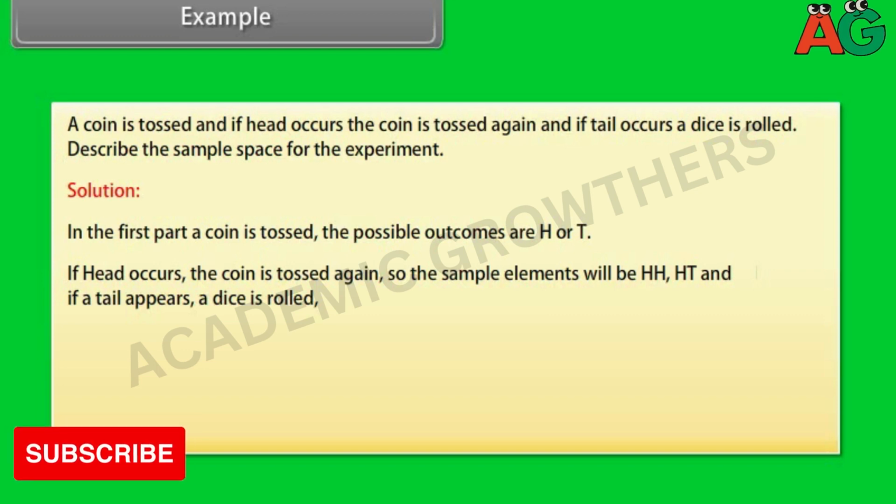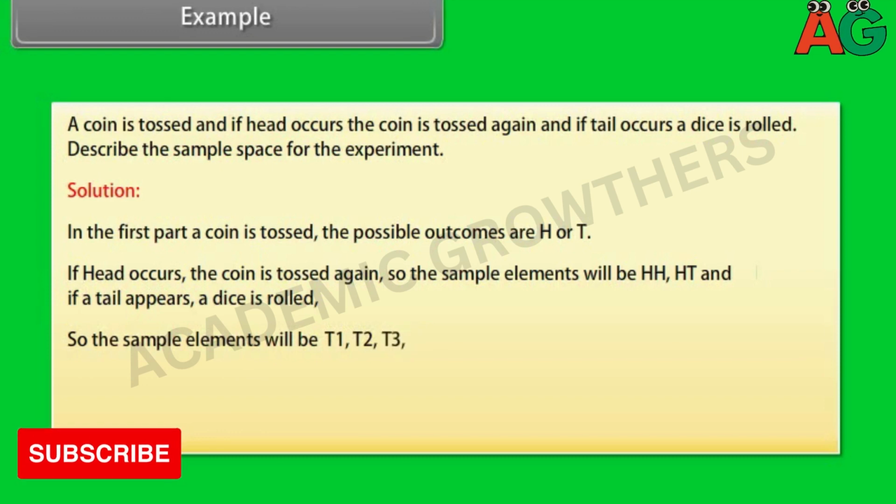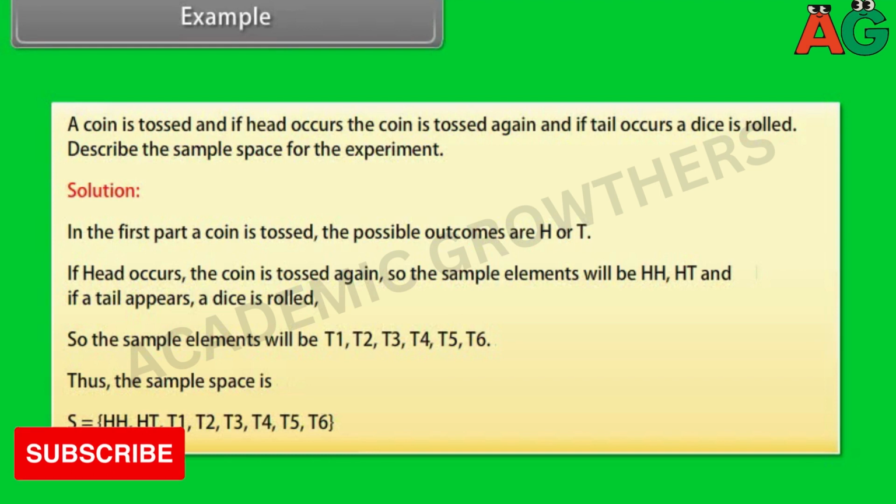If a tail appears, a dice is rolled, so the sample elements will be T1, T2, T3, T4, T5, T6. Thus, the sample space is S = {HH, HT, T1, T2, T3, T4, T5, T6}.